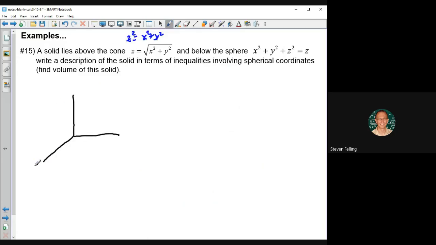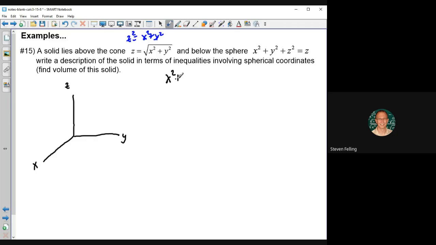Okay, we have our XYZ coordinate system. And we have a sphere, but you know what? First, that sphere is not located at the origin because this is not a number out here. This could be brought over to this side and complete the square. So let's actually do that first.